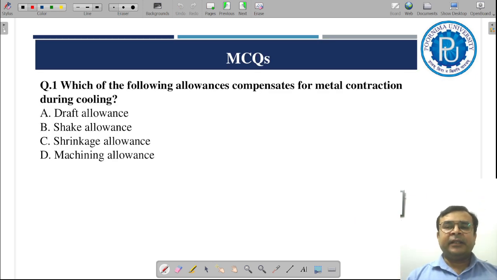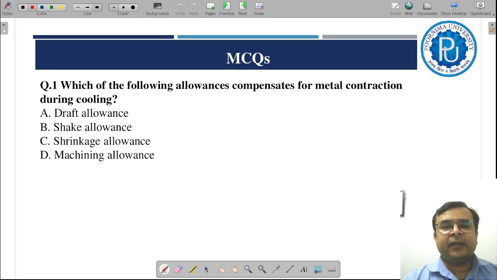In this lecture especially, we saw how many types of allowances there are and how to provide these allowances for the pattern design. We started with the shrinkage allowance, which is very essential, and shrinkage allowances play a major role in the design of the pattern.